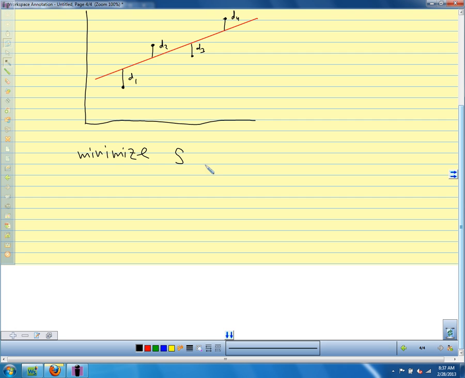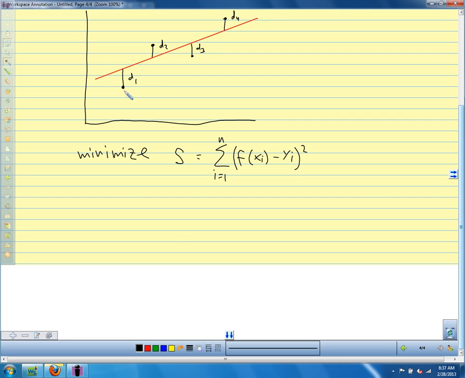So we're minimizing the sum of f of x sub i minus y sub i, squared. We have our function value on our line, and we have our y value at our points.